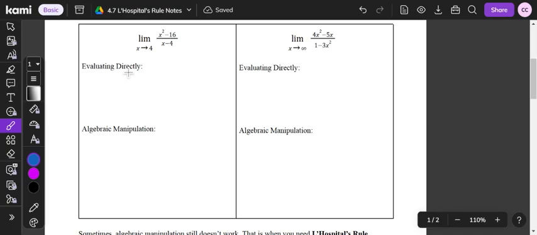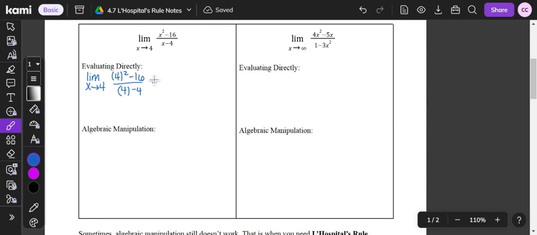So when I evaluate this limit directly, I am going to literally just rewrite it. And every time I see an x, I'm going to replace it with that 4. So this would become 4 squared minus 16 over 4 minus 4.